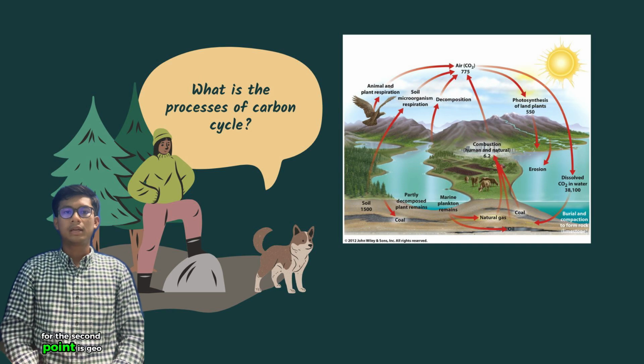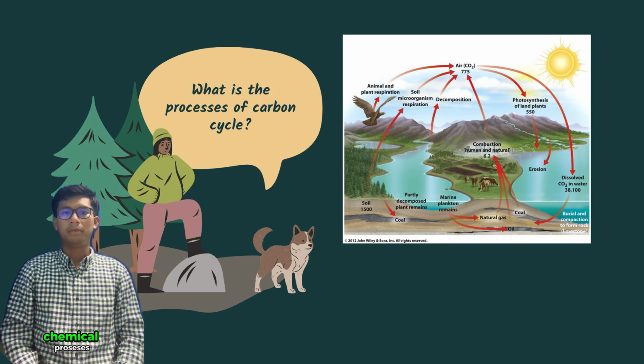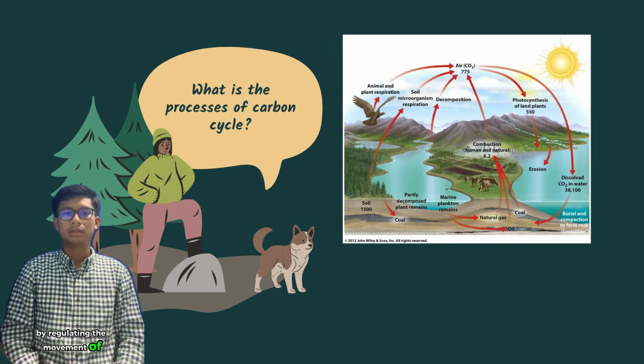The second point is geochemical processes. Geochemical processes play a vital role in the carbon cycle by regulating the movement of carbon through Earth's systems, including the atmosphere, hydrosphere, lithosphere, and biosphere.